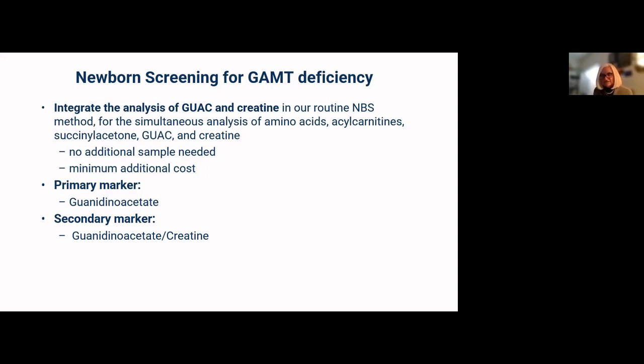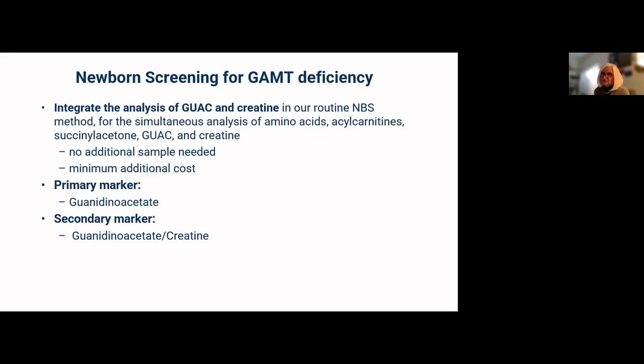We know that several blood spots are collected from newborns, but we wanted to preserve them. We cannot keep increasing the number of blood spots, especially since these are little ones. So we wanted no need for additional sample, and from the financial point of view, this would result in minimum additional cost, just the cost of the reagents. No instrument, no additional personnel, everything is done at the same time.